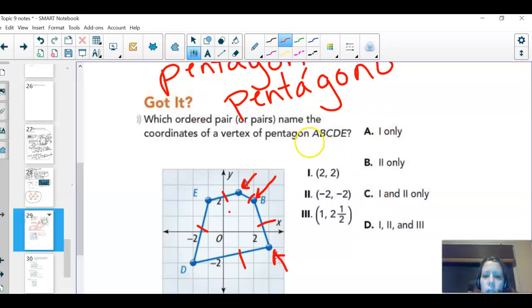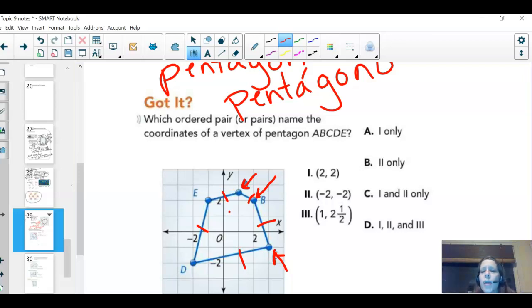Okay, so you're going to try out these points. Necesitas tratar estos puntos, and you need to decide which of these is true. Okay, only es solamente. Okay, so I want to know which of these, cuál de esos es verdadero. Only significa solamente. Y entonces A es igual a uno solamente. B is dos solamente.